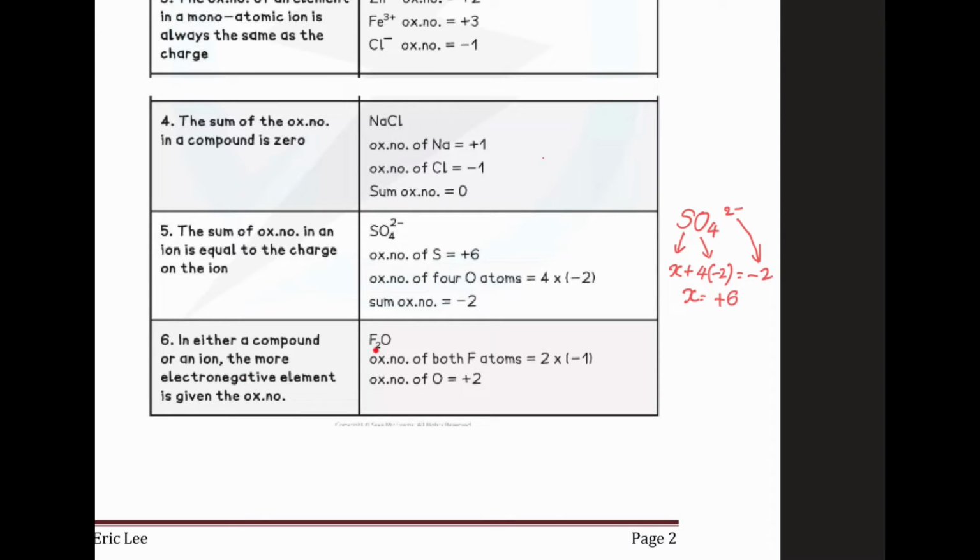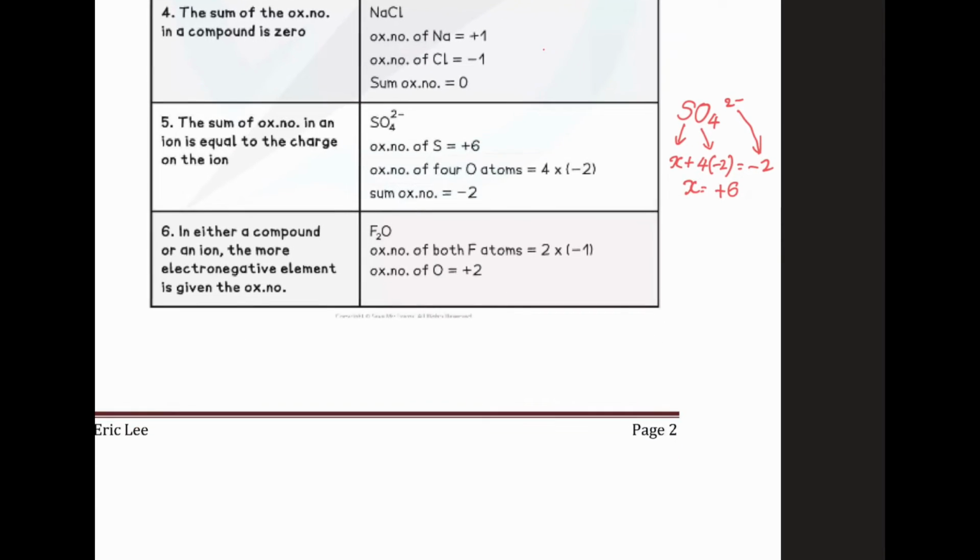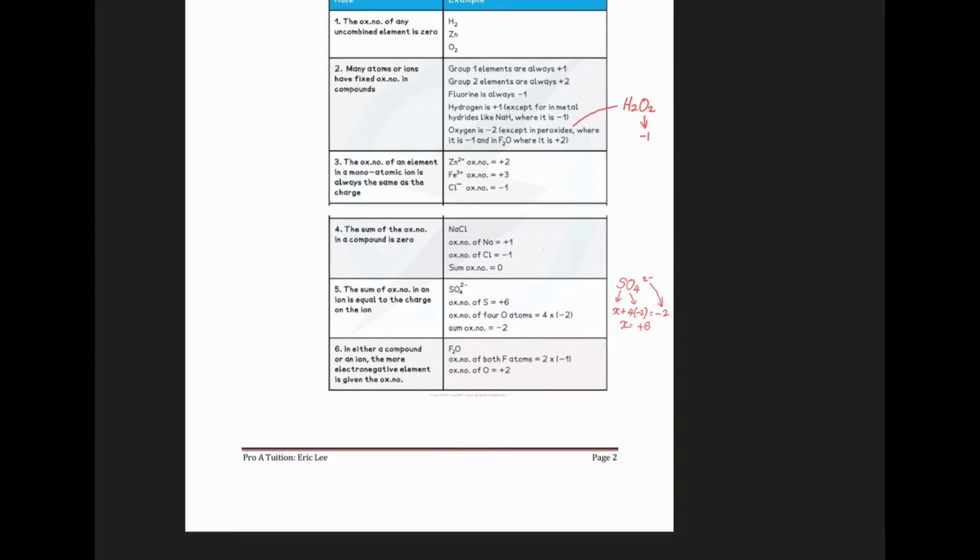For example, in F and O, the more electronegative element is fluorine, so fluorine gets -1, since it forms fluoride. Two fluorines give 2 times -1, and oxygen has to be positive, +2. It's a special case again. So this is page 2, finished.